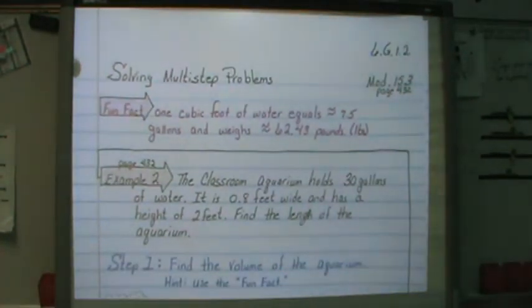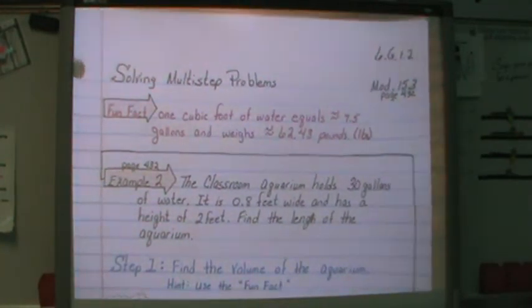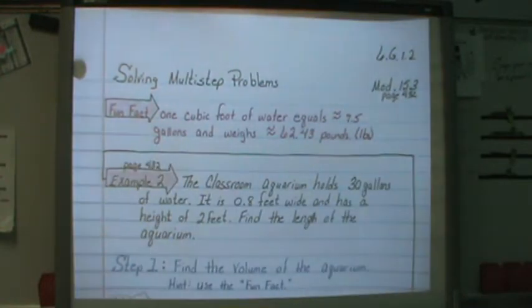This is also located at the bottom of the document that you downloaded in 15.3 from Focus. These are just the notes, the same exact notes. I took a picture of them before I wrote all in them, so you could prepare yourself for the lesson. This is solving multi-step problems. The fun fact they give you for a reason, because you have to end up using it.